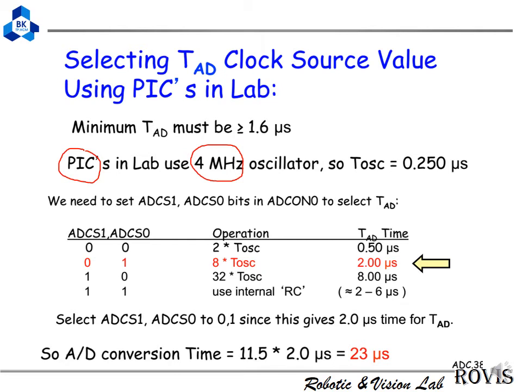If you choose 0, 1 for these bits, it will equal to 8 multiplied by this number, so it will equal to 2 microseconds, which is bigger than 1.6 microseconds. So you have to choose this one, or this one, at least bigger than 1.6 microseconds. You cannot choose 0, 0, because when you multiply it will just equal 0.5, smaller than 1.6 microseconds.